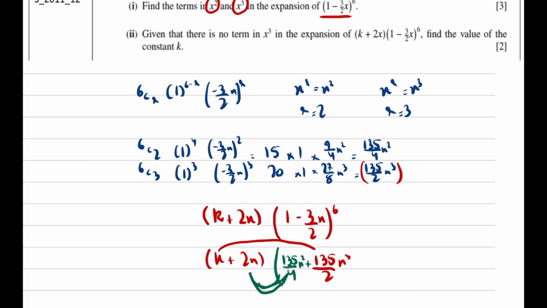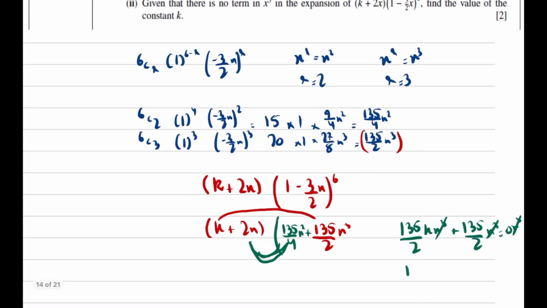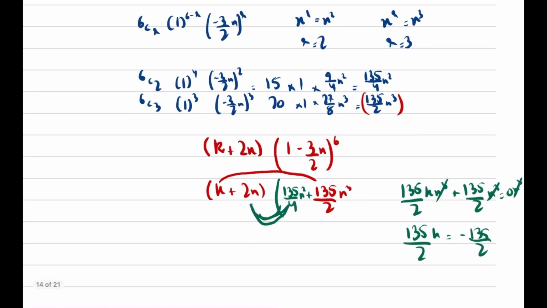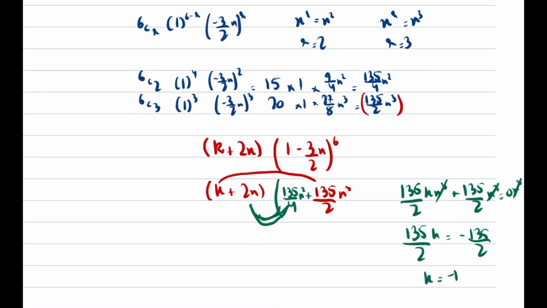So now it's going to become 135 upon 2 k x cube plus 135 upon 2 x cube is equal to 0 x cube. Let's cancel all x cube. So it's going to be 135 upon 2 k is equal to minus 135 upon 2, and my value of k will be minus 1.